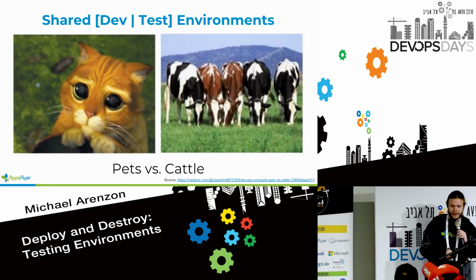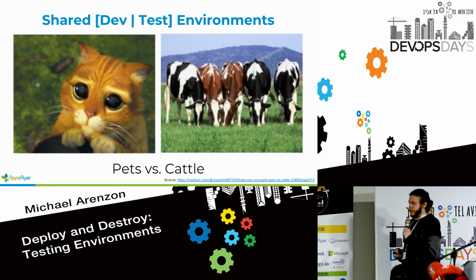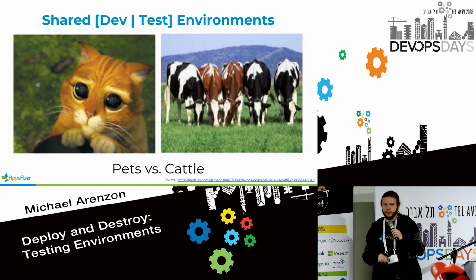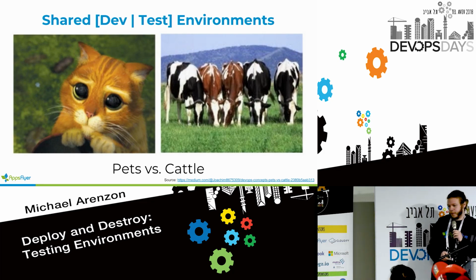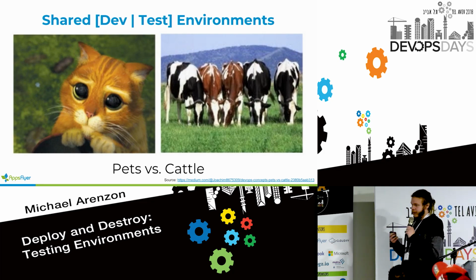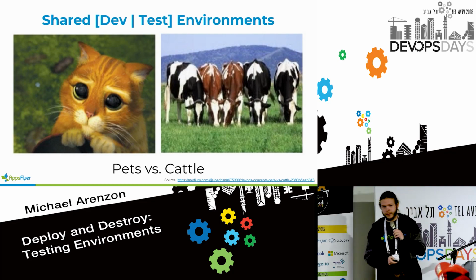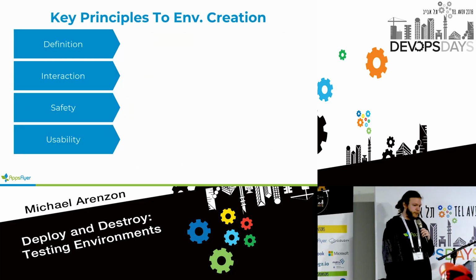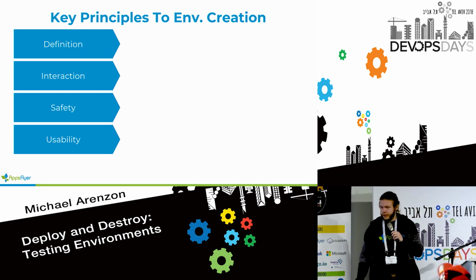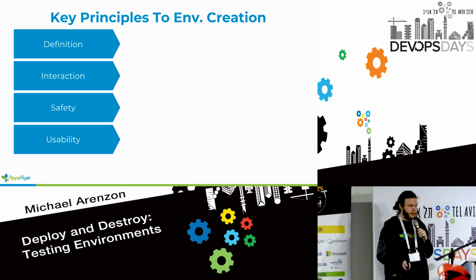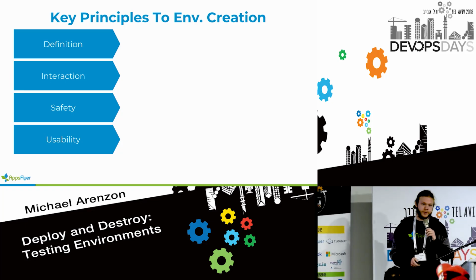Dev and test environments shouldn't be something like a snowflake that we need to maintain and make sure it's healthy. Test and dev environments should be easy to create, easy to reproduce, and easy to maintain. And I tried to figure out for myself what the key principles are for such a tool. I reduced it to 4 main points: definition, interaction, safety, and usability.